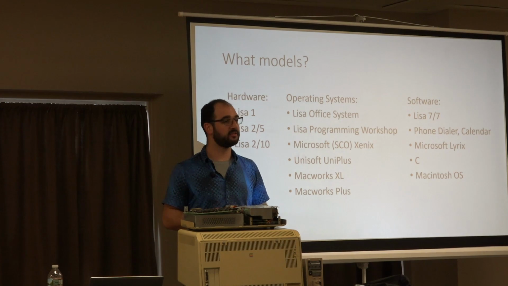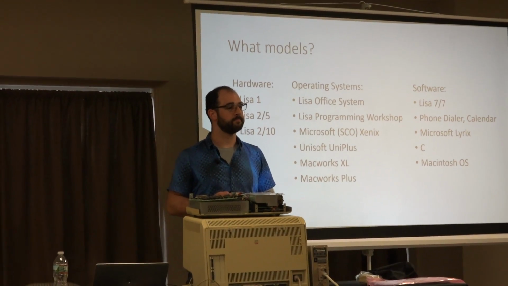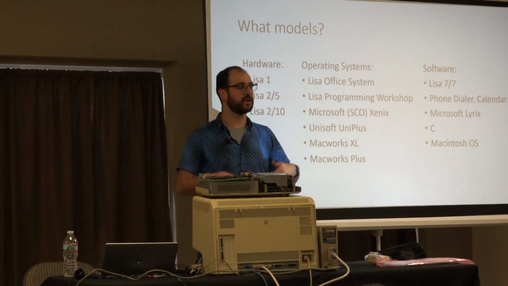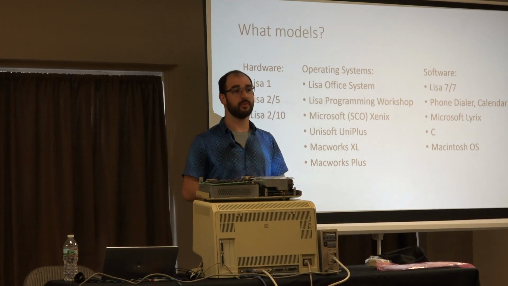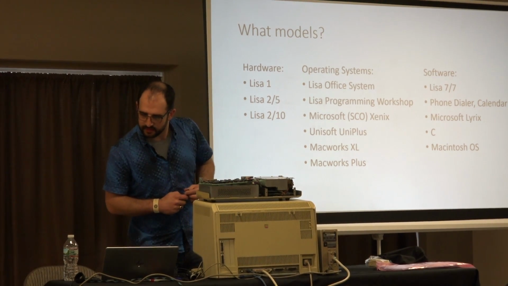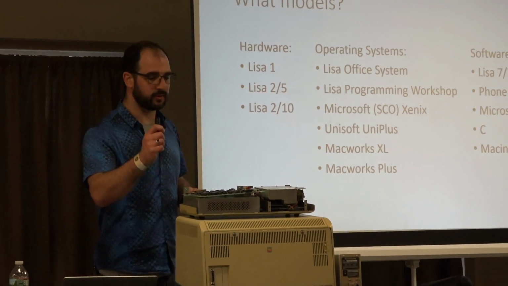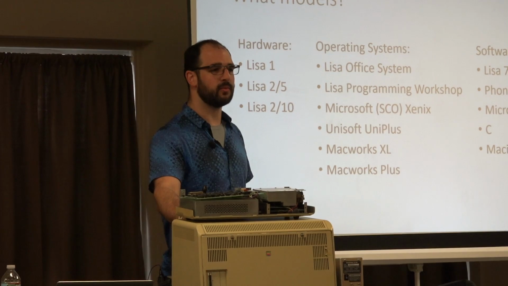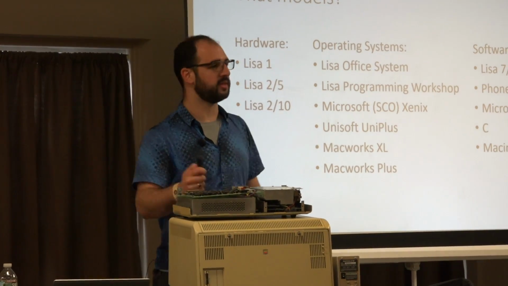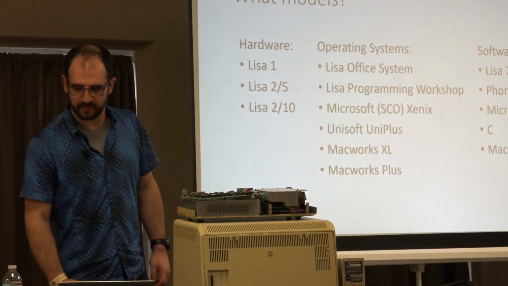There was a database, and there was some clip art software that was made, but that was about it, because the system only ran from '83 to '85. And of course, as I said earlier, you could run Macintosh OS on the system with MacWorks, which was loading the Mac ROMs in place.